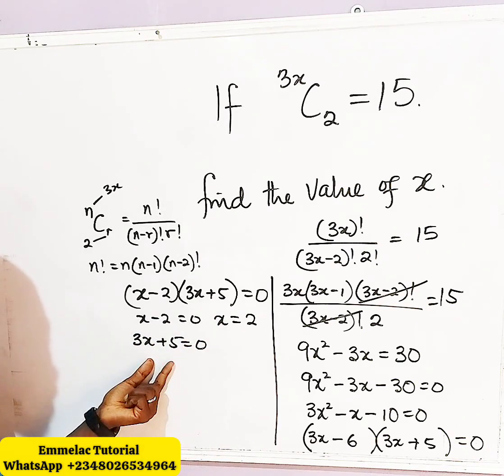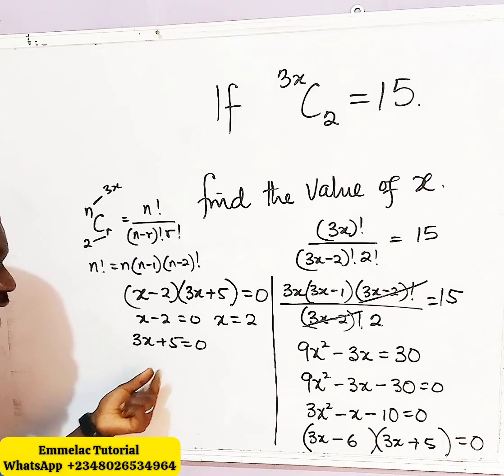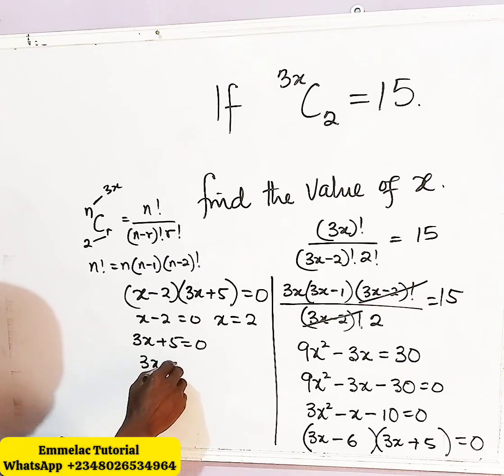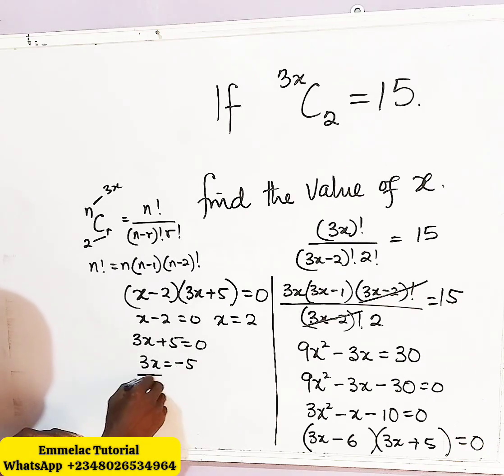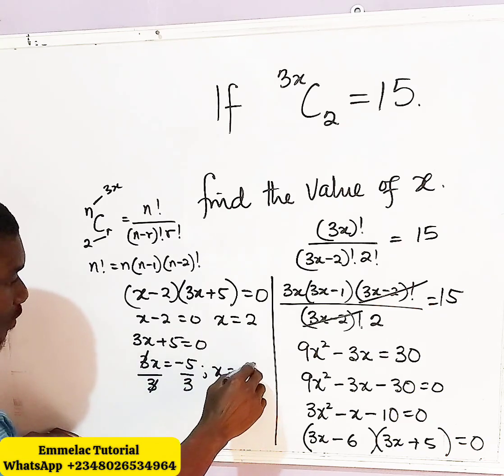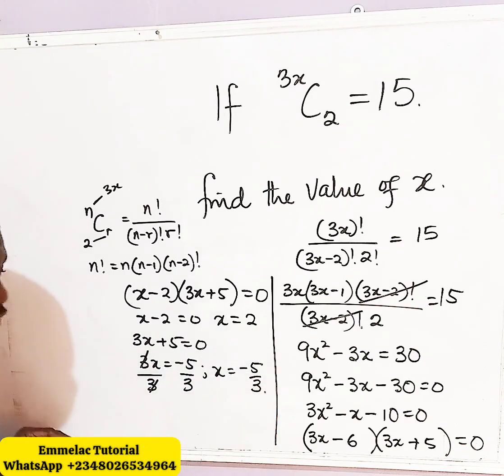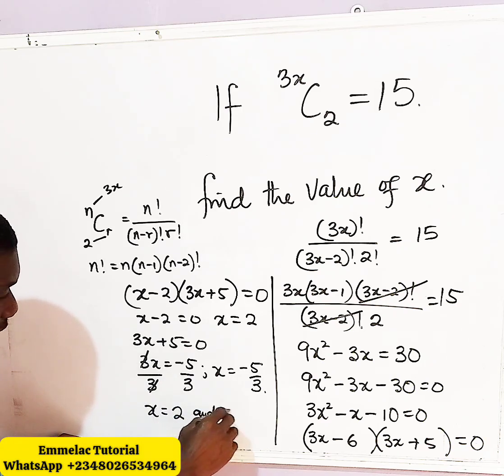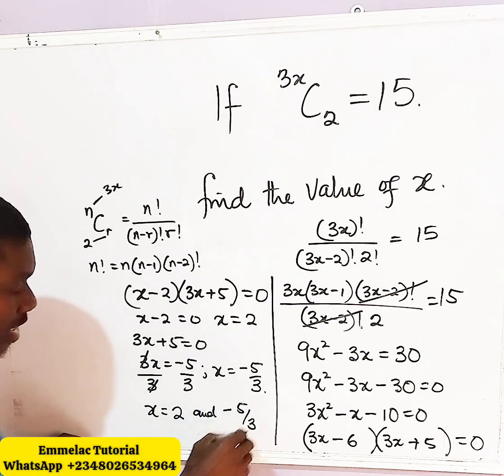In the second, when we subtract 5 from both sides, we have 3x equals -5. Now divide both sides by 3. So our x here equals -5 over 3. So the two values of x are 2 and -5 over 3.